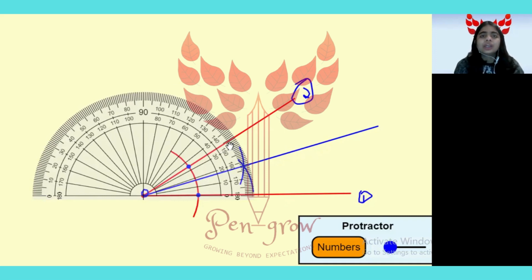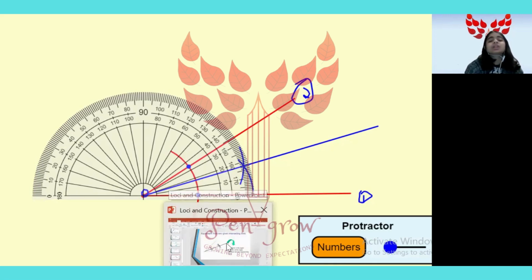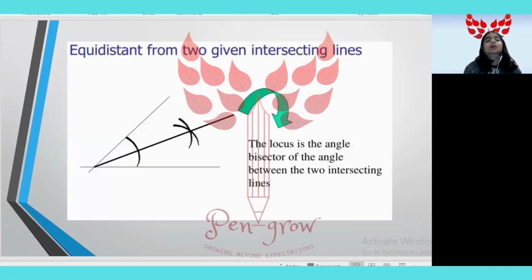So 34 should be like 17 and a half, right? So it's 15, 16, 17, 17 and a half. Yes. So that means you've done it correct. And please remember, you are doing your labeling as well, because that is also very important.